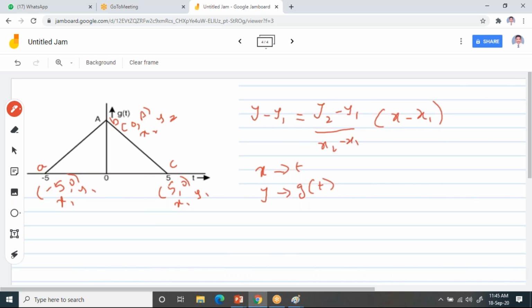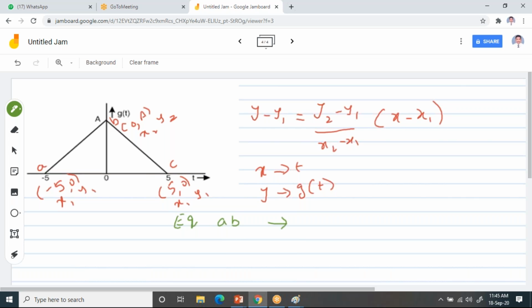And y1, y2, x1, x2 are the coordinates. Now, first I am going to write the equation of the line AB.